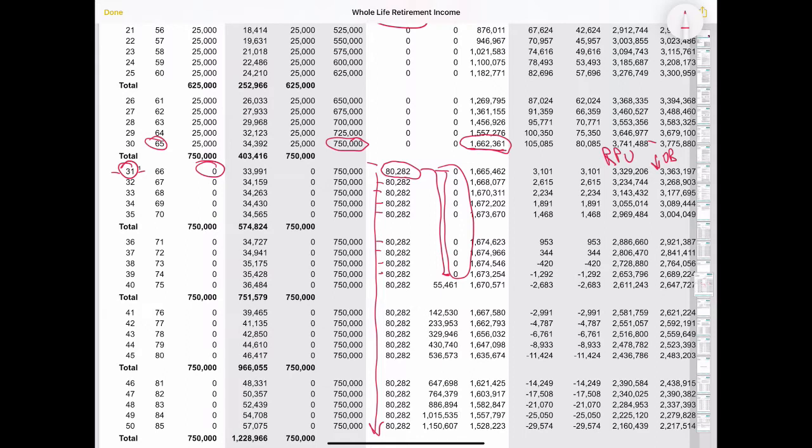For those of you who know a little bit more about accounting and taxes and life insurance taxability, we are taking advantage here of the FIFO, first in, first out withdrawal rule, meaning that this individual is recovering his cost basis in the policy tax-free before he moves to loans, which start right here at age 75, in order to continue this $80,282 per year distribution that is income tax-free to him.